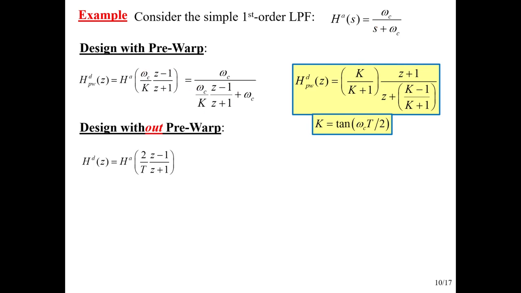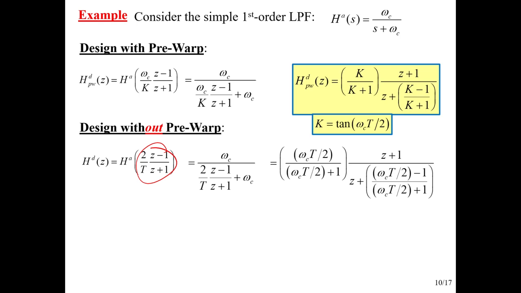Let's do it without pre-warp. So if we go through, plug this in, now we would get something that looks like that, and we do a little bit of algebra. And I've done the algebra in kind of a clever way here to see how the result compares to this. So notice that I've got a k over k plus 1.